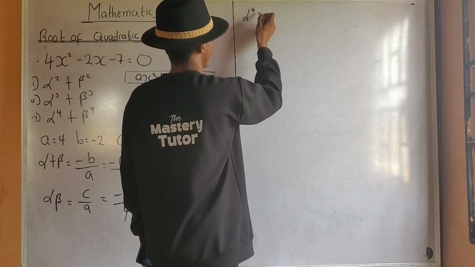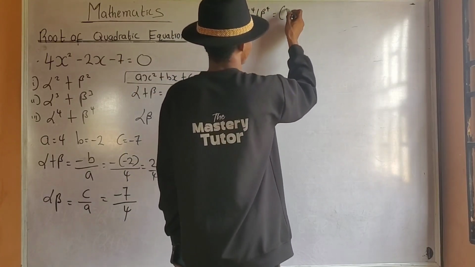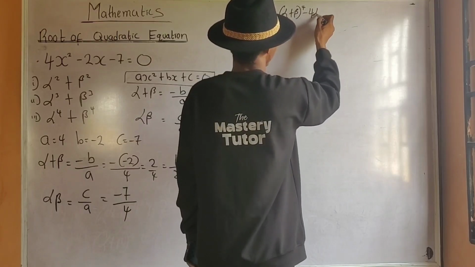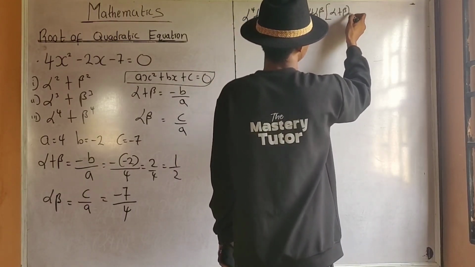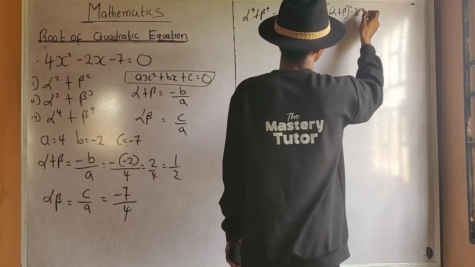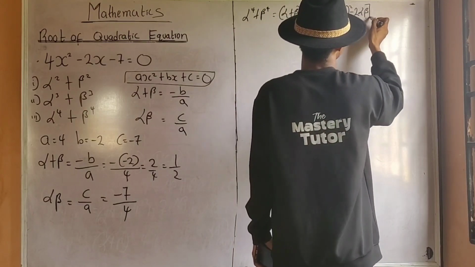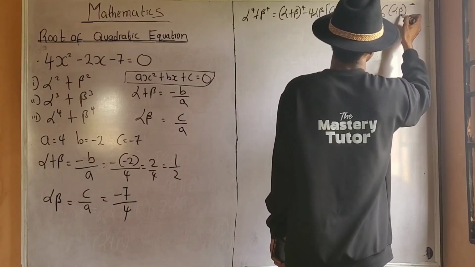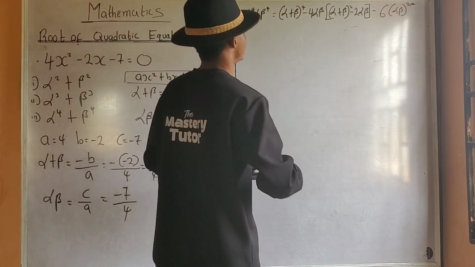Alpha raised to the power of 4 plus beta raised to the power of 4 can be expressed as (alpha plus beta) raised to the power of 4 minus 4 alpha beta multiplied by (alpha plus beta) raised to the power of 2 minus 2 alpha beta. Are you getting it? Minus 6 (alpha beta) squared. Okay, this is the first expression. We can also have it in another way.